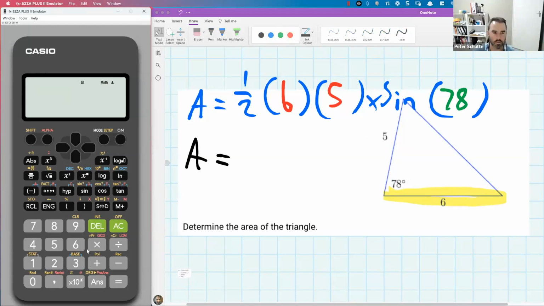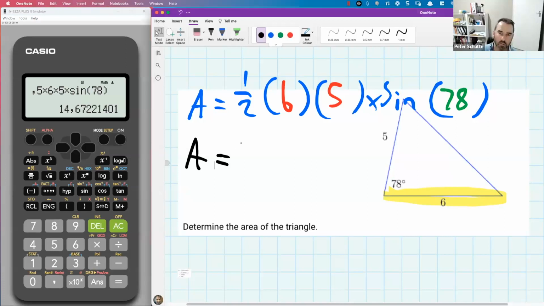So 0.5 times 6 times 5 times sine of 78, and we get 14.67, and this would be units squared.